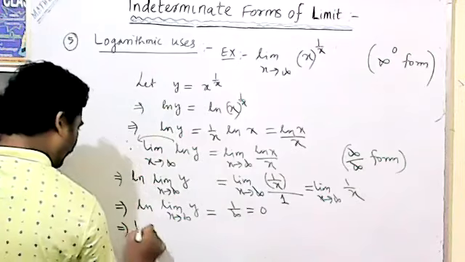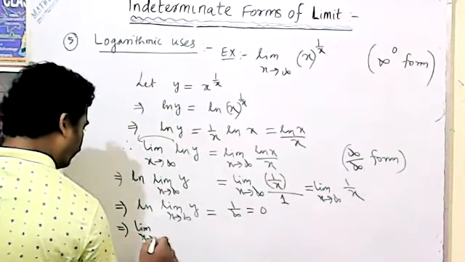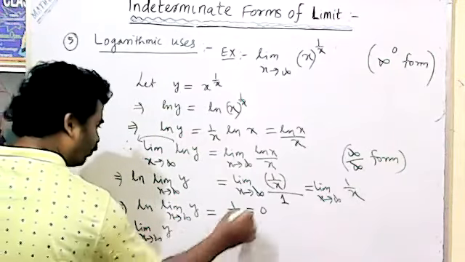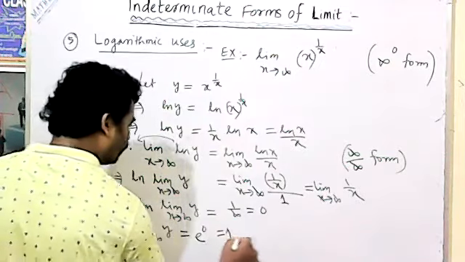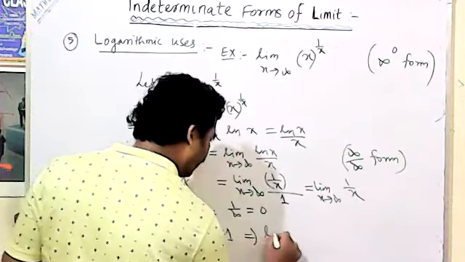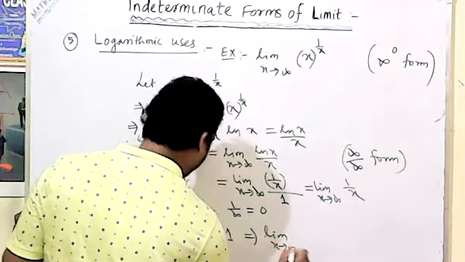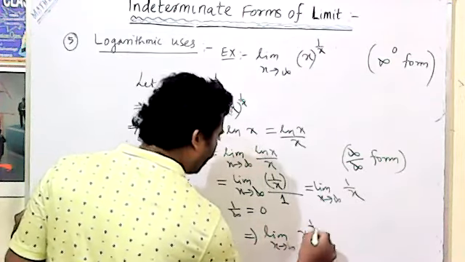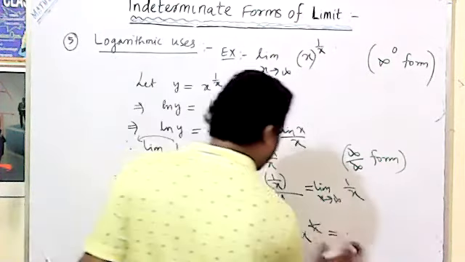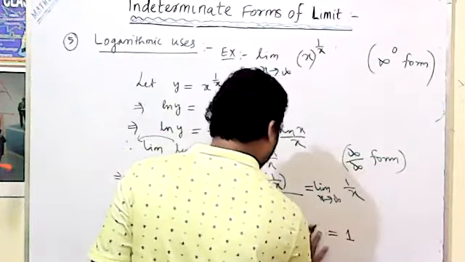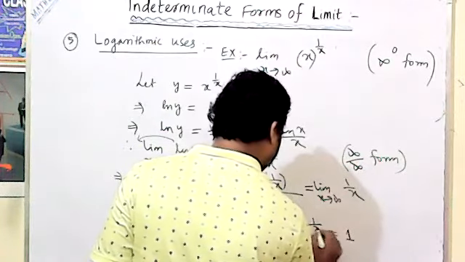So the limit as x tends to infinity of y comes to the right side as a base, so e to the power 0, which is equal to 1. That means the limit as x tends to infinity of x to the power 1 by x is equal to e to the power 0, which is equal to 1. The value comes 1.